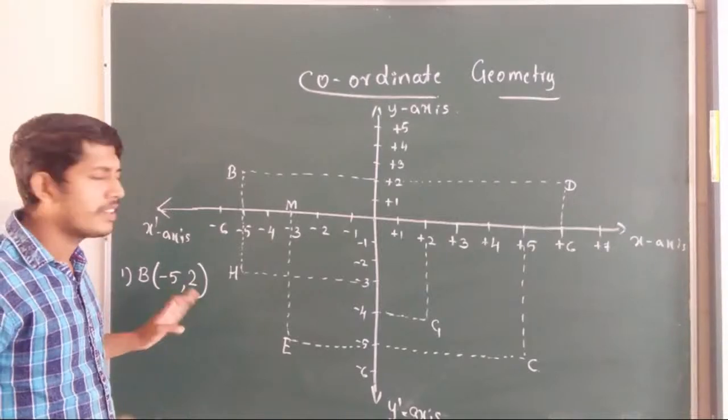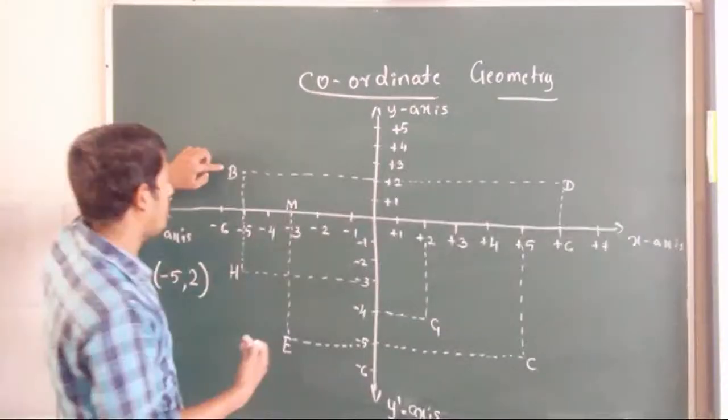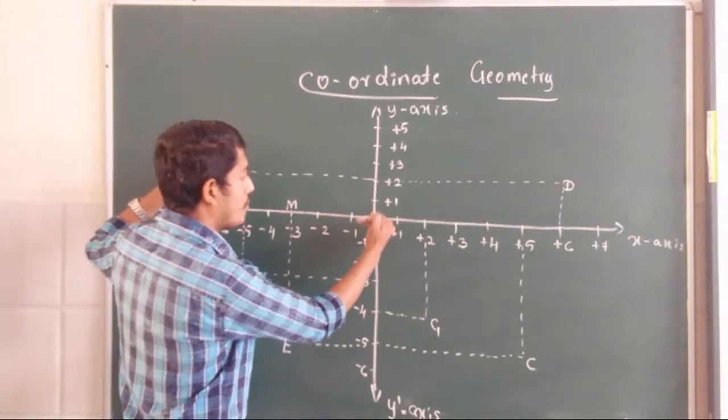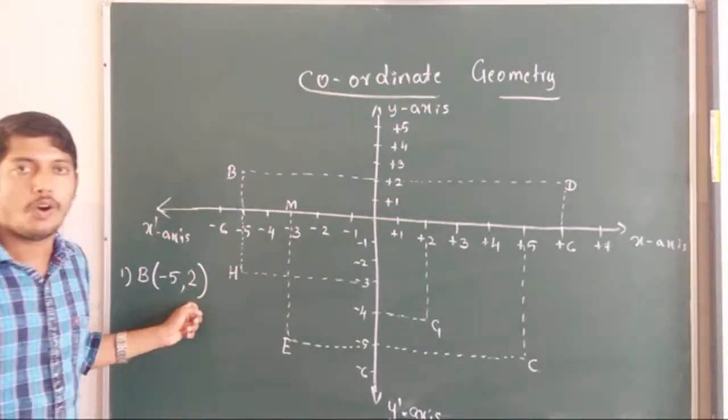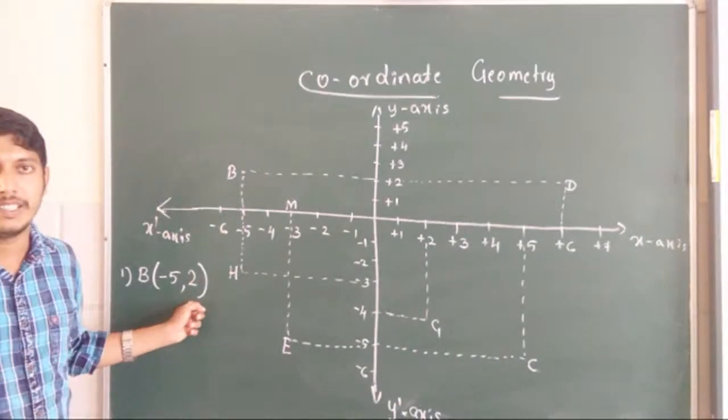Then for the y value, the point is shifted above the origin, so the coordinate is plus 2.